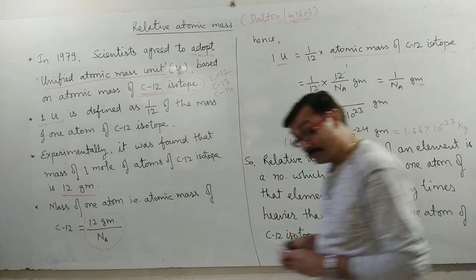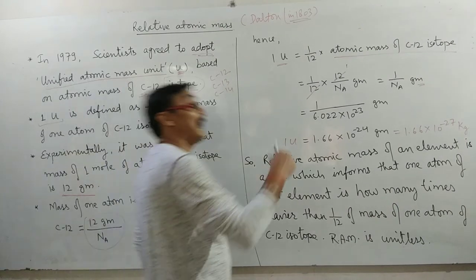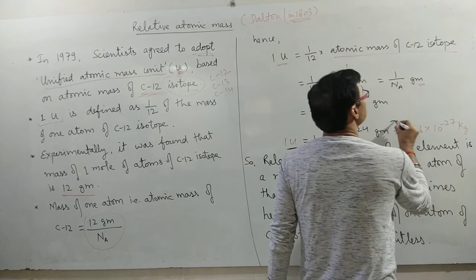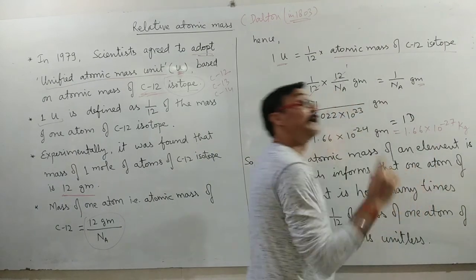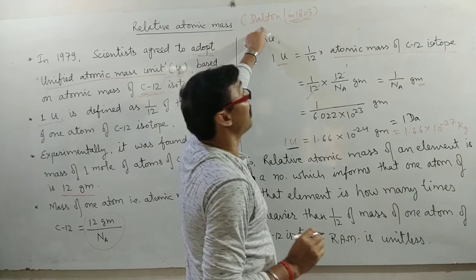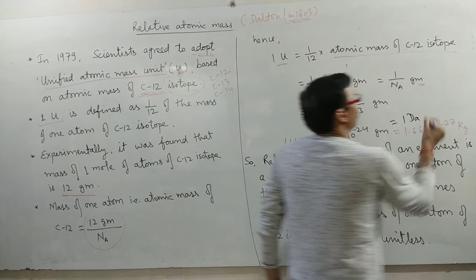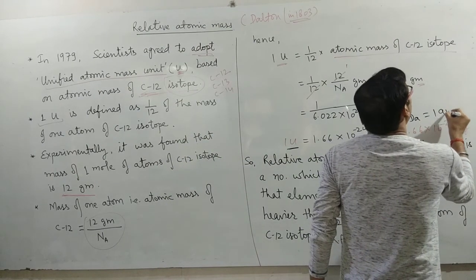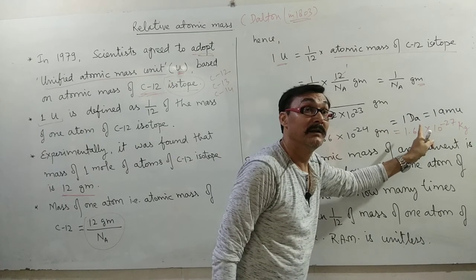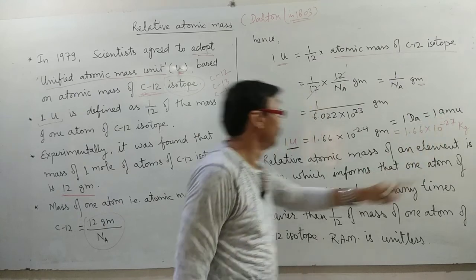And later on, the SI system agreed that 1 U can also be called 1 Dalton in respect of Dalton, because first of all Dalton determined relative atomic mass, and 1 AMU, atomic mass unit. All these are the symbols of other units used previously.